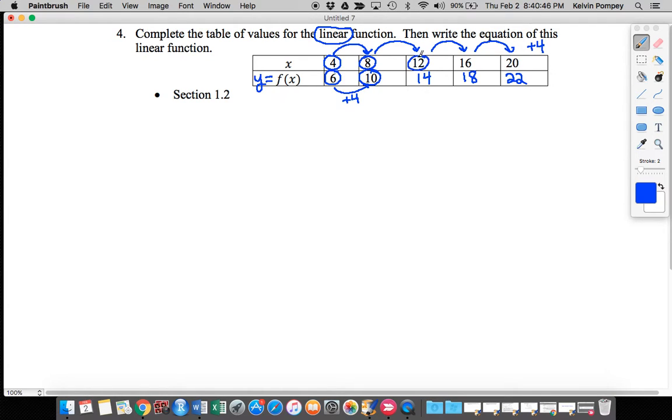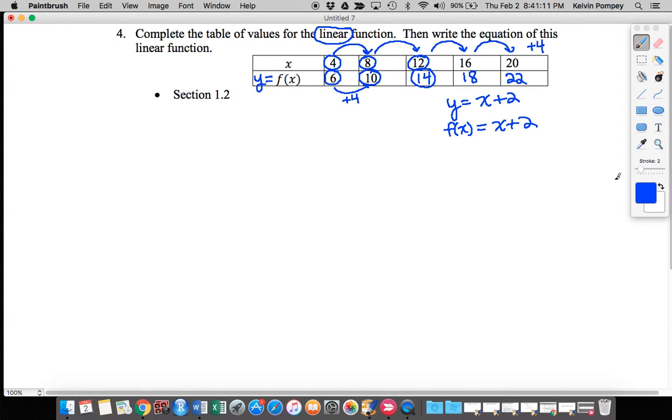Plug in 12, I get 14. If you notice, the y value is always 2 more than the x value. So, if you really wanted to write the function, you can say that y, or you can say f of x as well, equals whatever I input plus 2. Okay, and that will be your linear function.